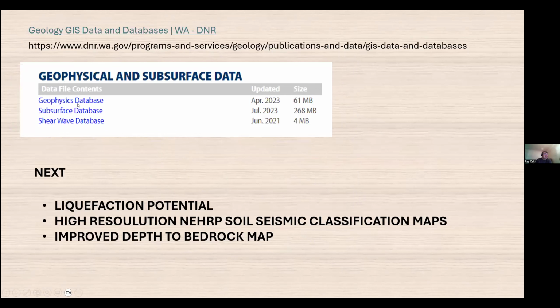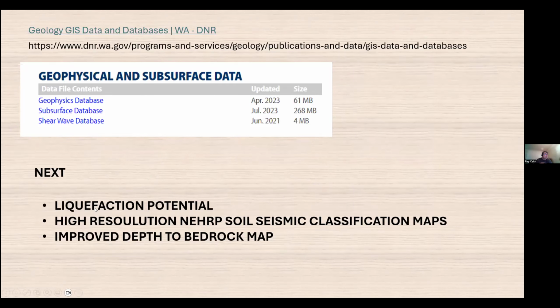We have some geophysics database. If you want to download the subsurface database as of July 2023, it's 268 megabytes right now. And we have a growing shear wave database. They are also complementary to the subsurface database, and they can be relational, and correlations can be done here.